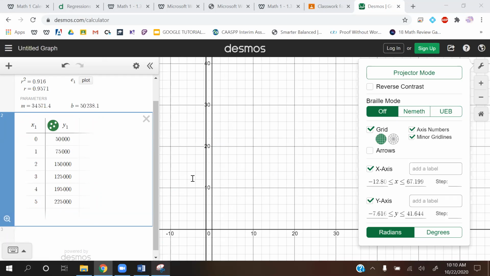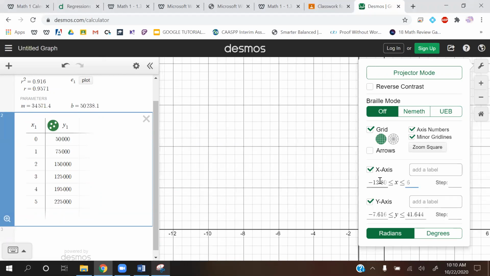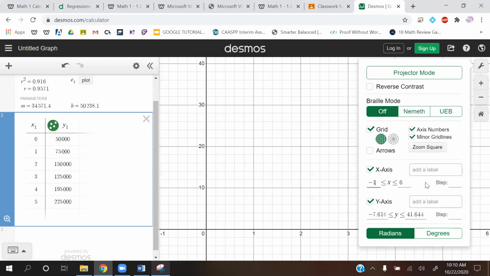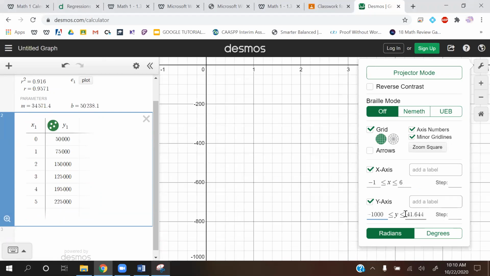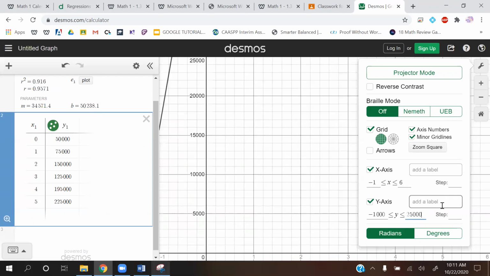That's fine because 0 to 5 is in there, but I might make this shorter, from negative 1 to 6. I'll be able to see all the points. Now the y-axis, we need it to see from 50,000 all the way to 225,000. So I'm going to go from negative 1,000 to 250,000.